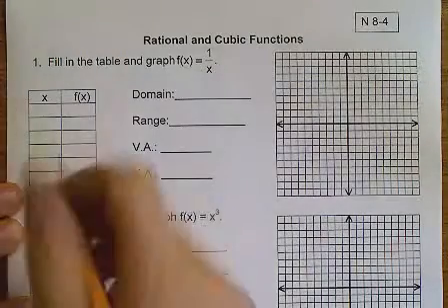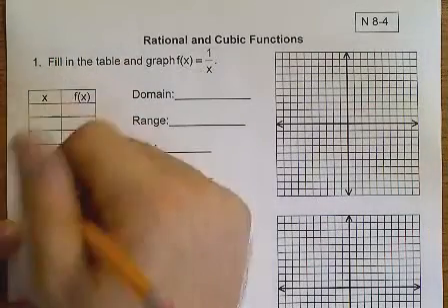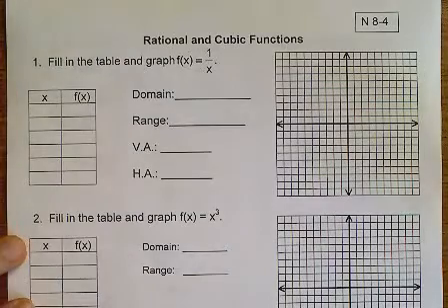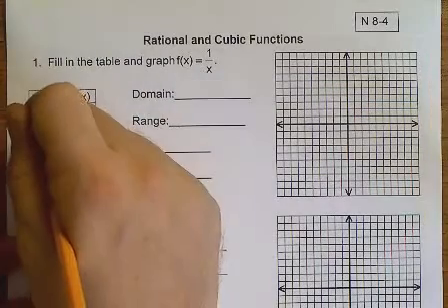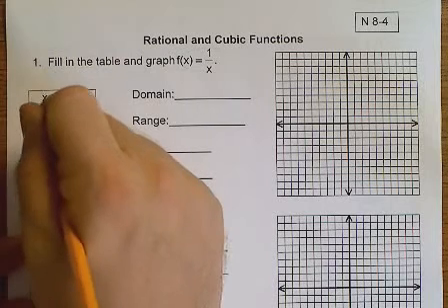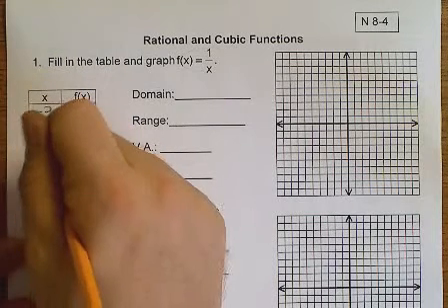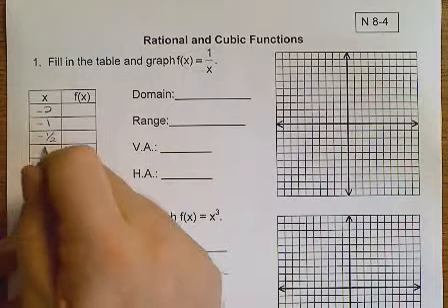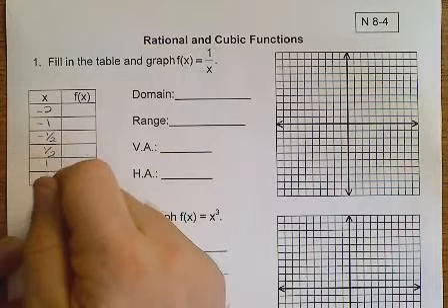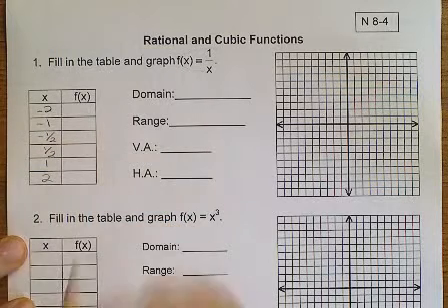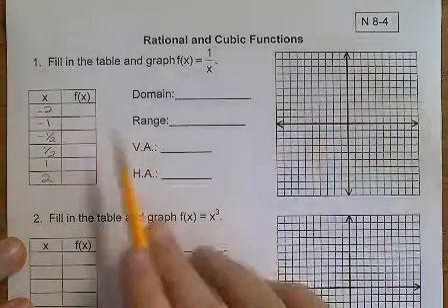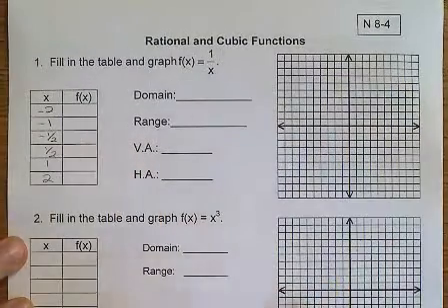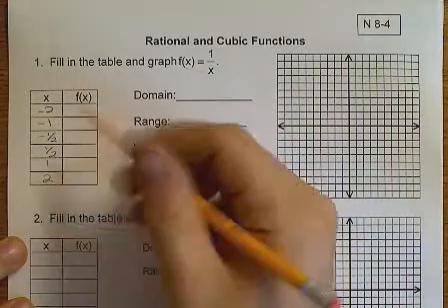Starting with the rational. I'm going to go ahead and pick some x's that will make sense here in a little bit as we fill them in. I want to go with -2, -1, -1/2, then 1/2, 1, and 2. So, as I find my y values for these, we're going to go ahead and mark these.